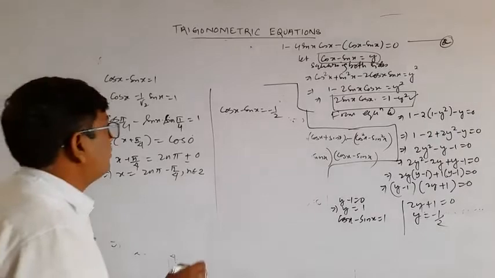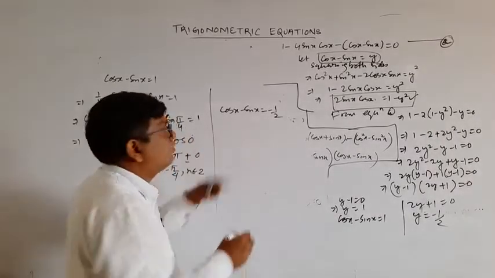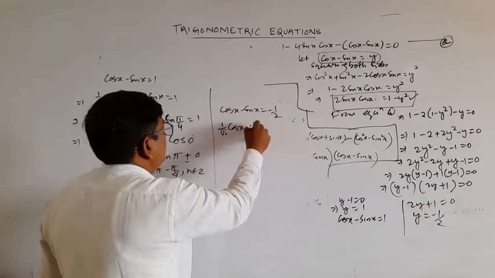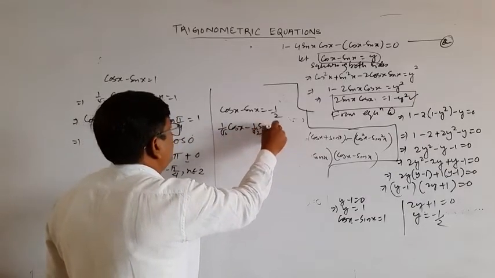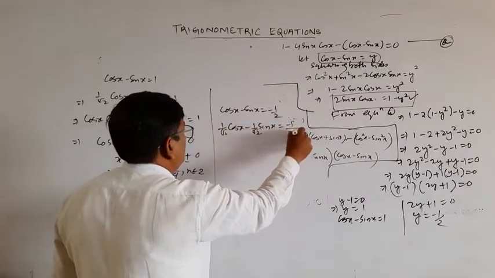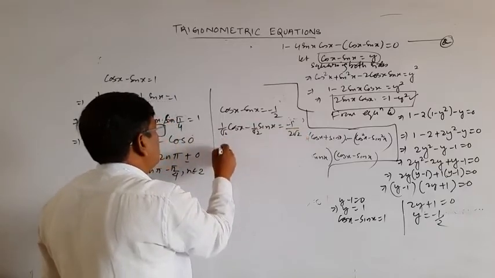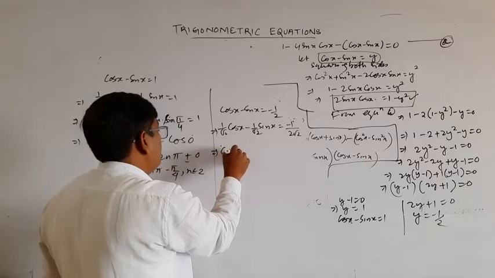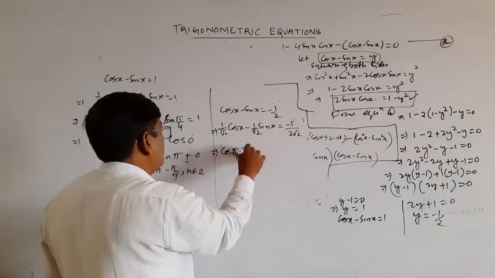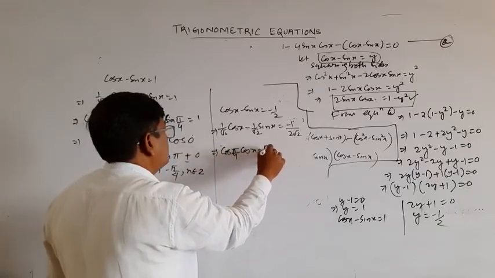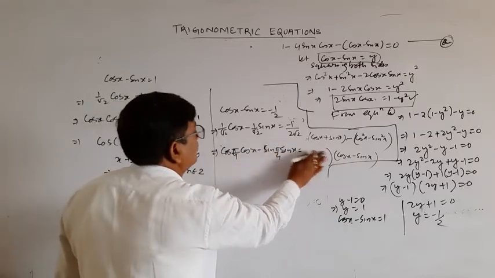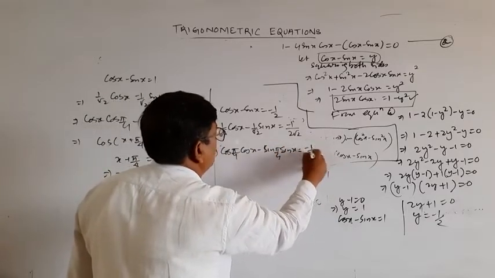Divide both sides by root of a square plus b square, that is root 2. 1 by root 2 cos x minus 1 by root 2 sin x is equal to minus 1 by 2 root 2. So this is what? Cos pi by 4 into cos x minus sin pi by 4 into sin x is equal to minus 1 by 2 root 2.